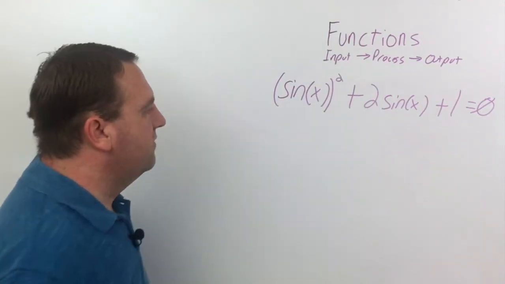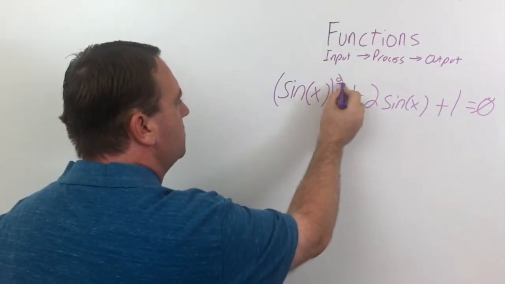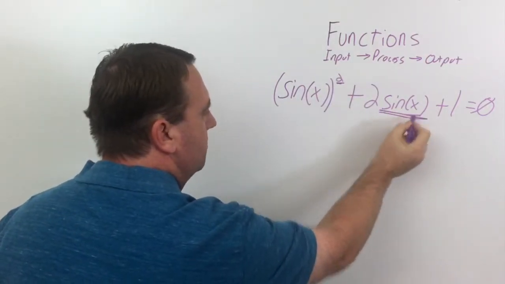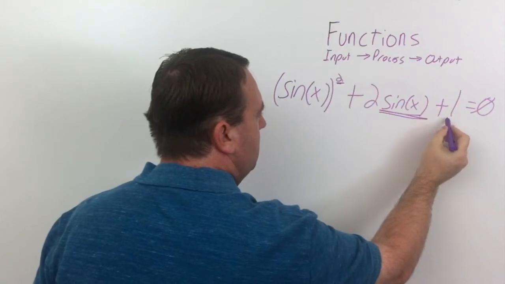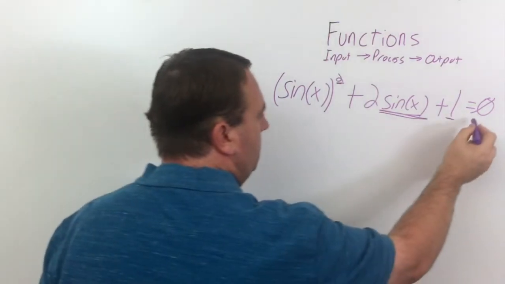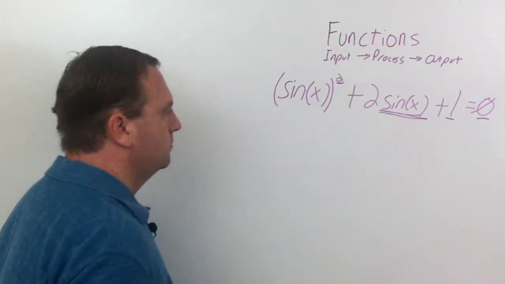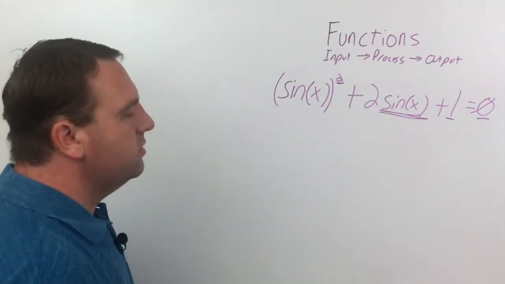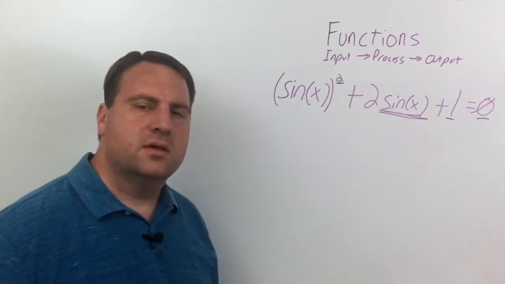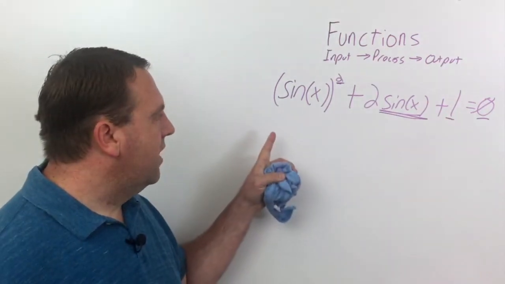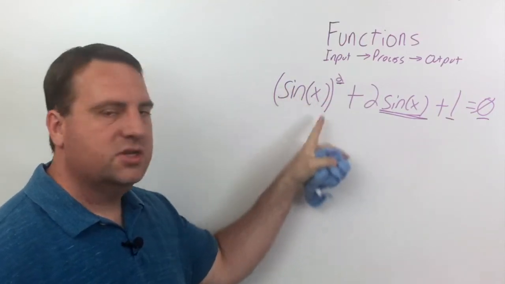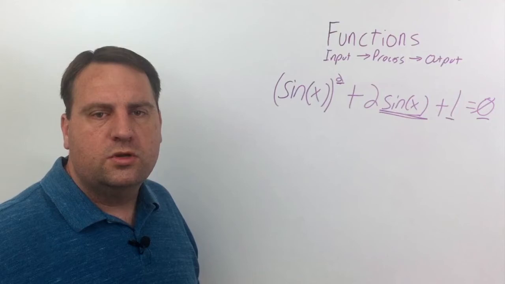Well, notice we've got a squared term. Then we have a not squared term. And then we have a number. And they are all set to 0. So this looks a lot like a quadratic equation. But the problem is that we have sine x where we would normally just have x. So what can we do about that?